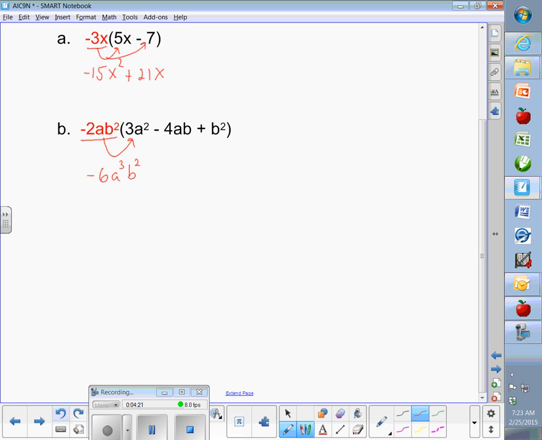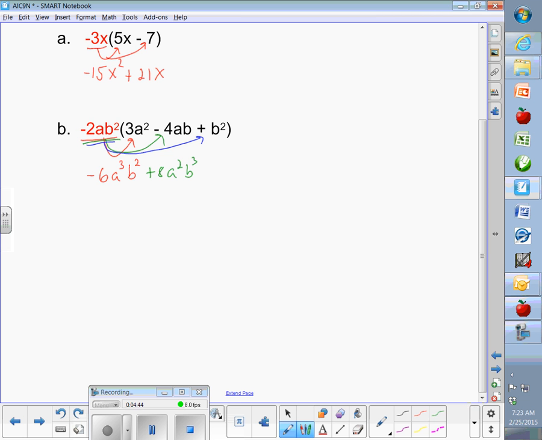Okay? First distribution. Here I'm going to do my second in green. Second distribution. Negative 2 times a negative 4, positive 8. A times a squared. B squared times b cubed. We've done these aspects by themselves already. I'm going to do the last distribution in blue.